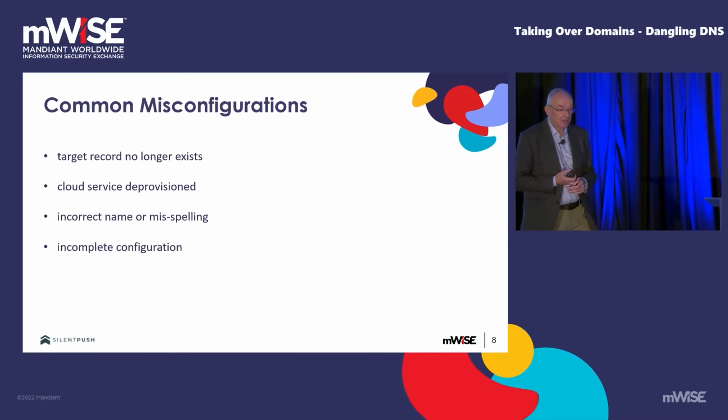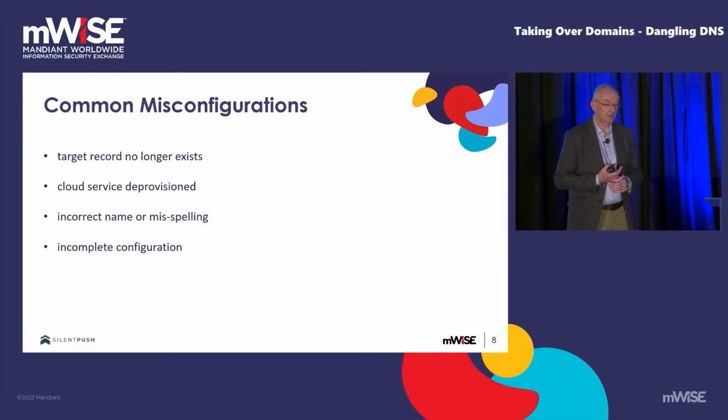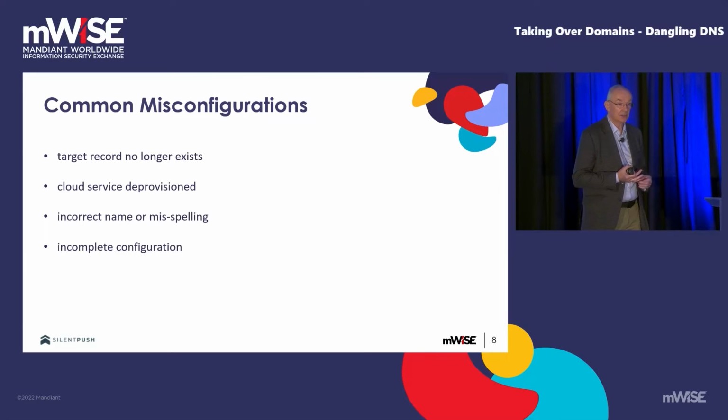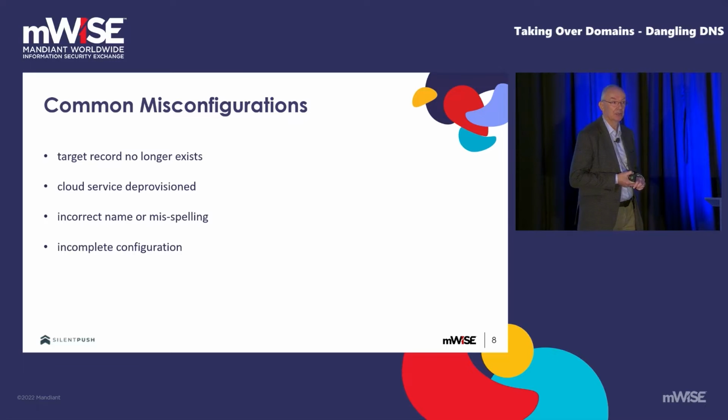So the common misconfigurations that we'll see, actually the root problem is that the target record no longer exists. And that could be for a number of reasons. Deprovisioning on cloud service is very common. Incorrect names, like a misspelled domain name, are very common as well. And then abandoned configurations.